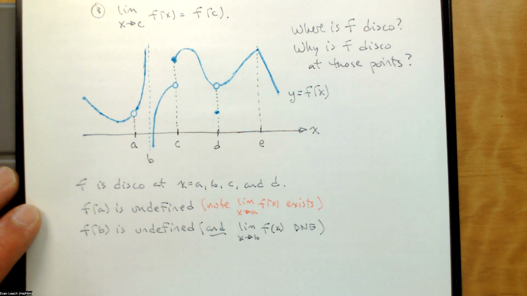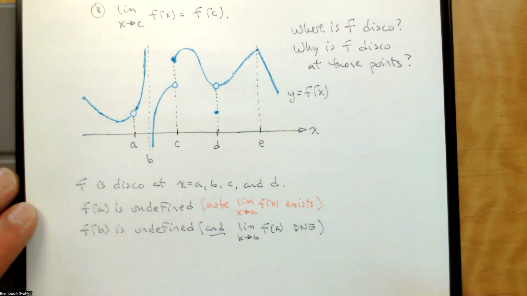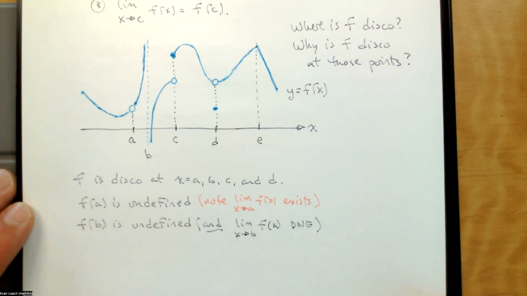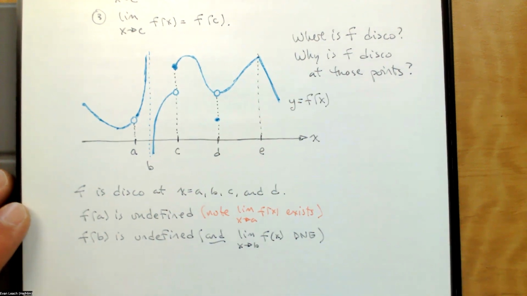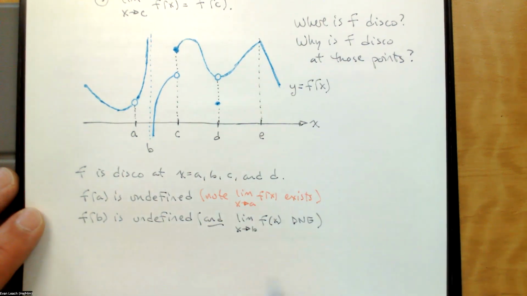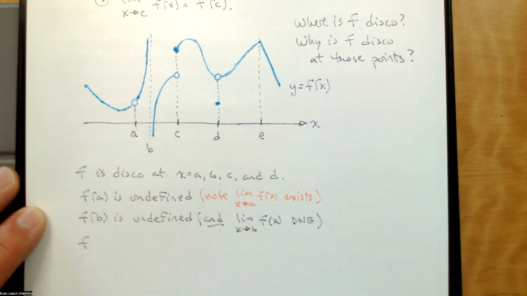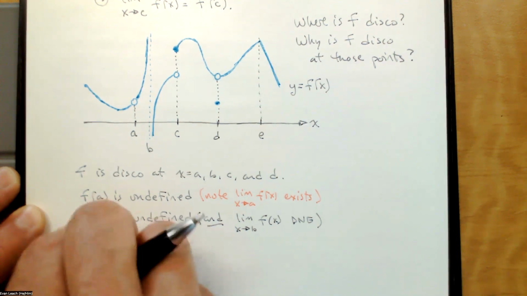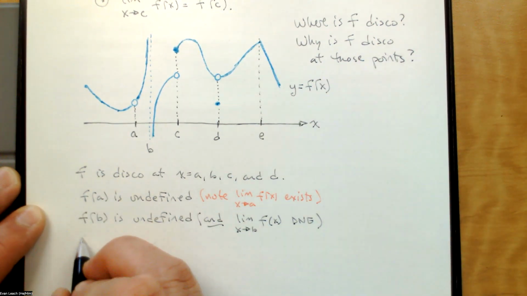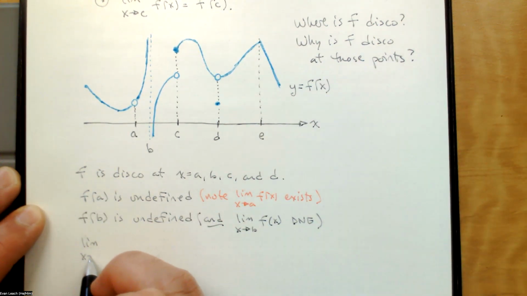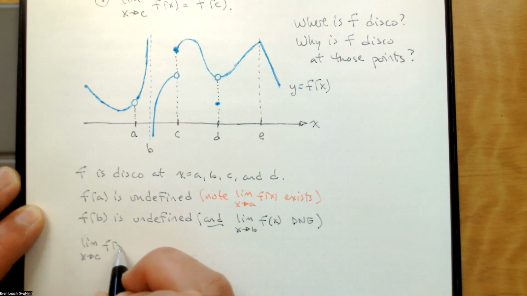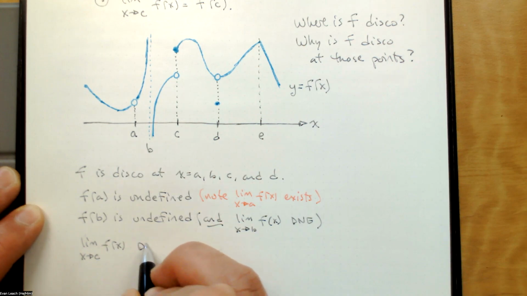So f of C is defined, but why is the function discontinuous at C? No limit. The limit doesn't exist. The limit as x approaches C of f of x does not exist.